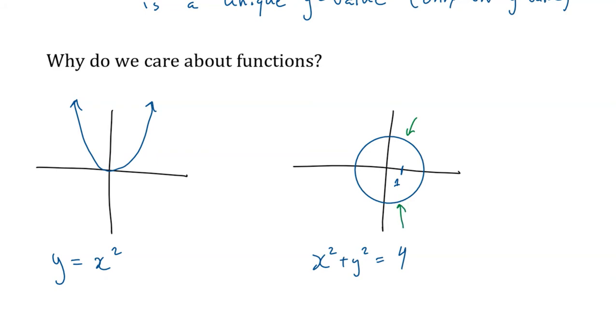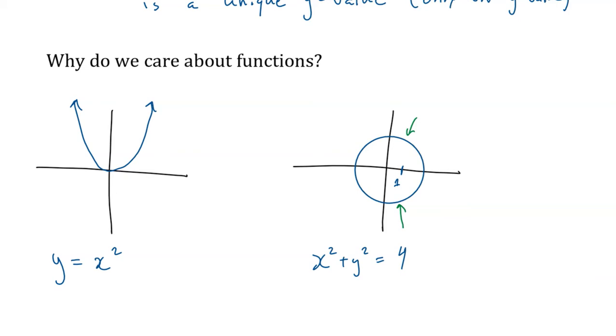When you have something that's not a function, it's going to say, I don't know what it is. It might be this or it might be this, but I can't tell you for sure what it is. So for a function, when you give it an x, you get a y. For something that's not a function, you don't necessarily. You don't know for sure that you've got the right y.